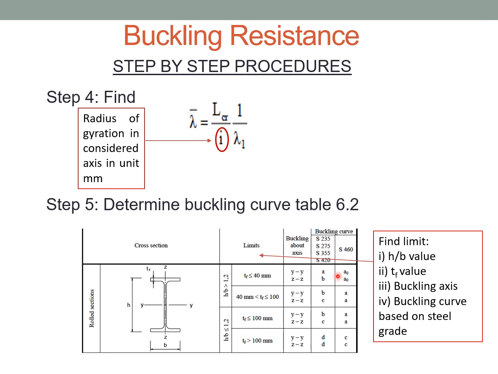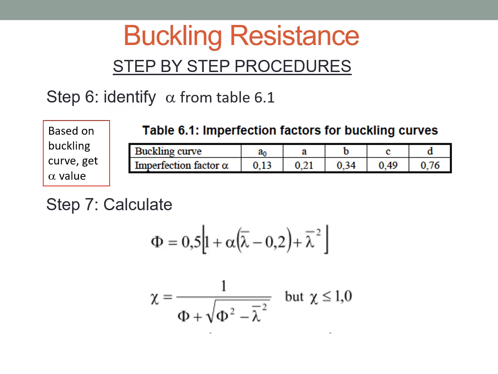If the steel grade is lesser than S460, then you can use this column. Once we get our buckling curve, we can identify our alpha value, which is the imperfection factor, depending on the buckling curve. For example, if we get buckling curve b, then our imperfection factor is equal to 0.34.